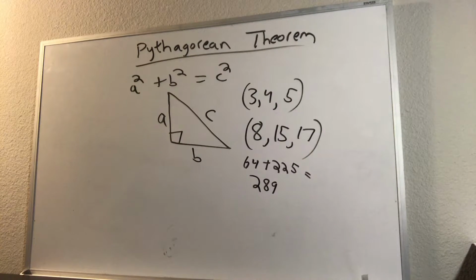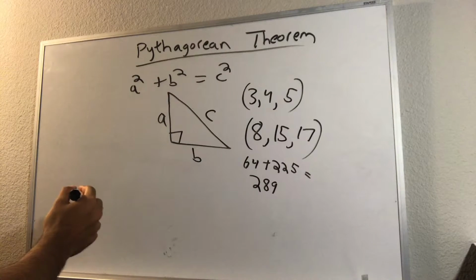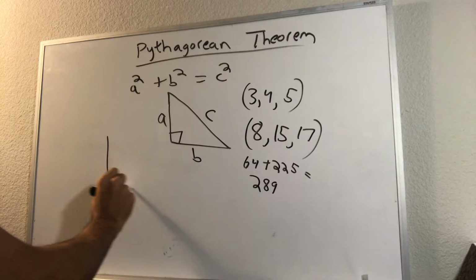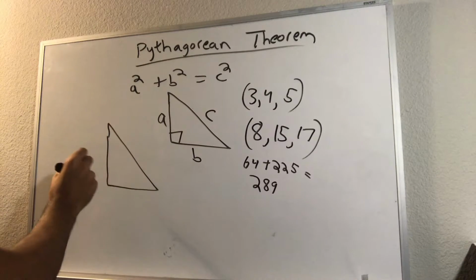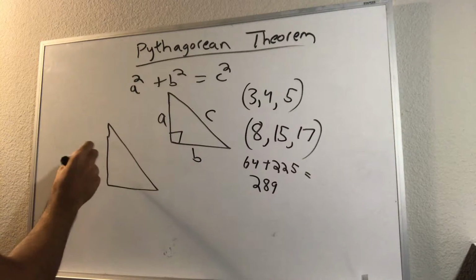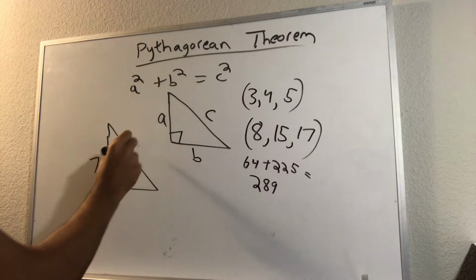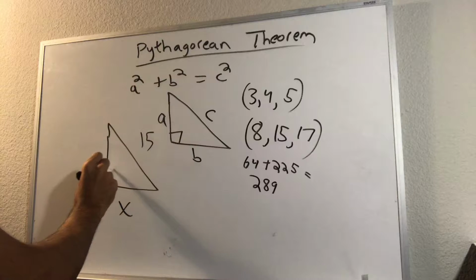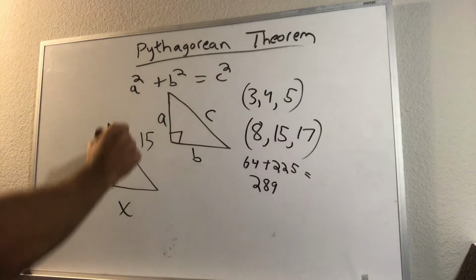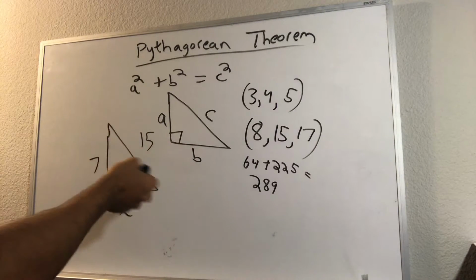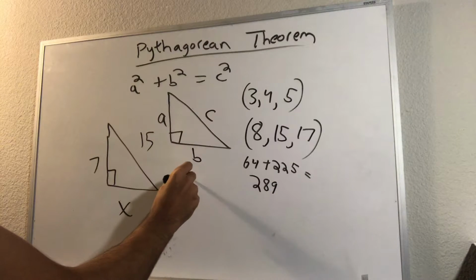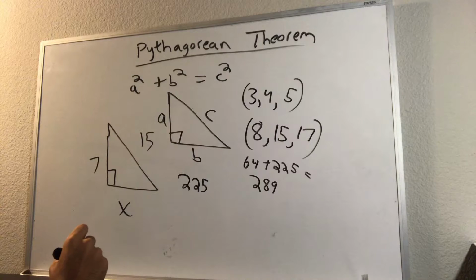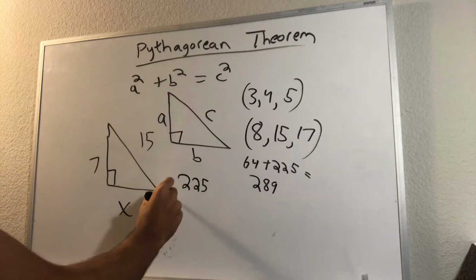So now, if you are given a question where it's not as easy to identify, you will be using the formula, obviously. For instance, if you're given something like 7, 15, x, and you know that this is a right angle here. So 15 is the hypotenuse. Now you would square 15, that gives us 225. And then you know that 7 squared is 49, so you're subtracting 49 from 225.